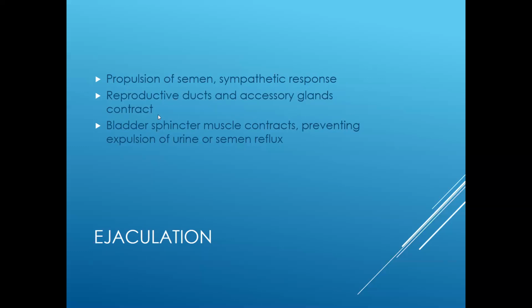Reproductive ducts and accessory glands contract, like I said. And then we need to shut off the bladder sphincter. So the internal urethral sphincter needs to contract, preventing the expulsion of urine and no reflux of semen. We don't want that to back up into the bladder, because then we'll lose our forces. And we certainly do not want urine to go out in the ejaculate.